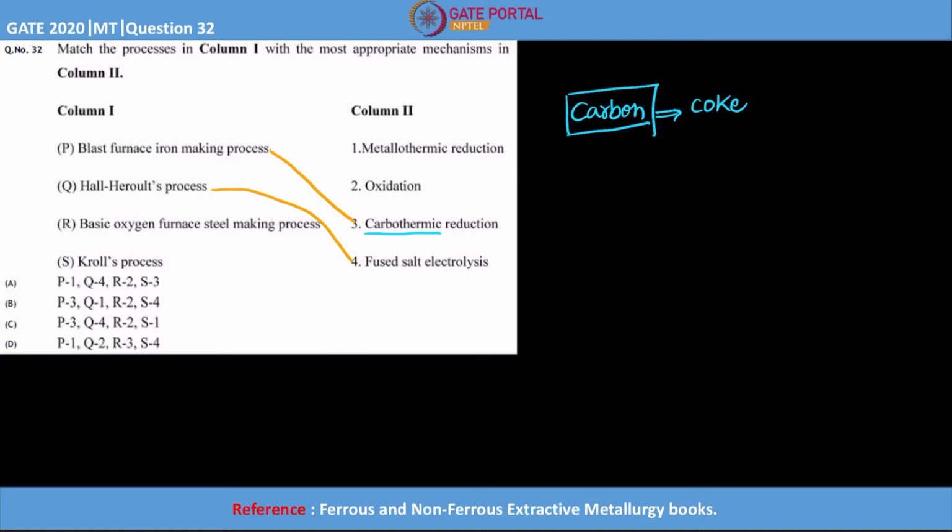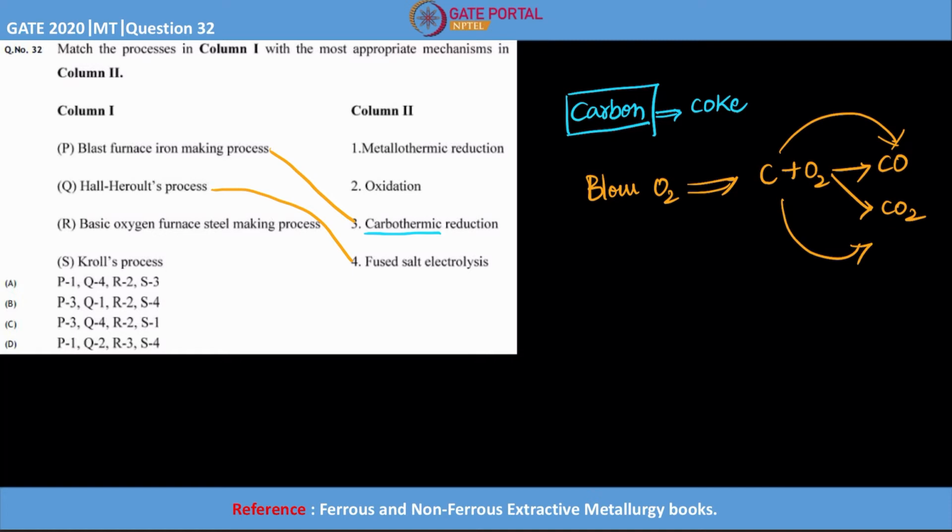In the steel we use for regular daily applications, you require somewhere between 0.1 and 0.2% carbon. So how do you remove that? You blow oxygen so that the carbon reacts with it and forms either CO or CO2, so the carbon is removed.